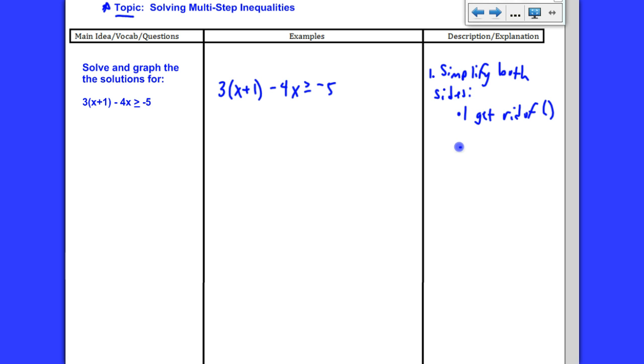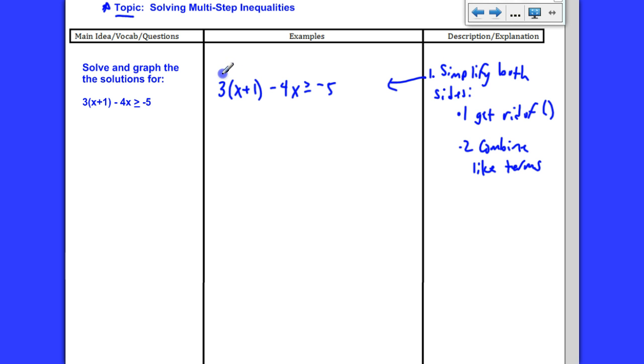Number 2, to simplify, you have to combine like terms. Combining like terms means we can add together the exact same variables, but you cannot add numbers that don't have the exact same variables, and we're going to see that happen in this particular problem. So that's our first goal.